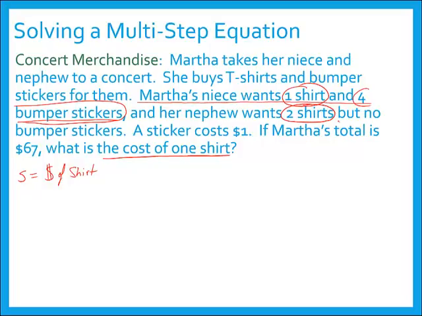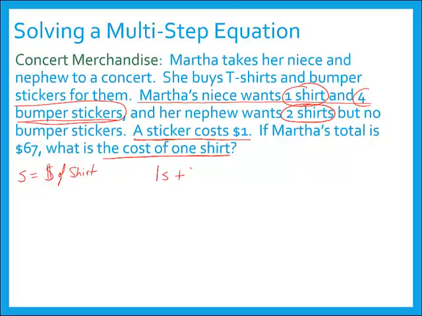So let's go ahead and write our terms down mathematically. 1 shirt. Mathematically, you would say 1s. And the "and" means add, so plus 4 bumper stickers. But right here, it says a sticker costs $1. So take this 1, multiply it by 4 stickers. So 1 times 4 is 4.